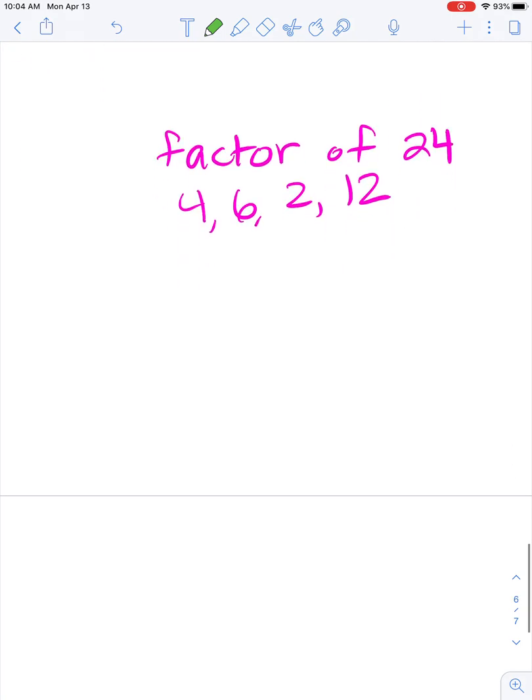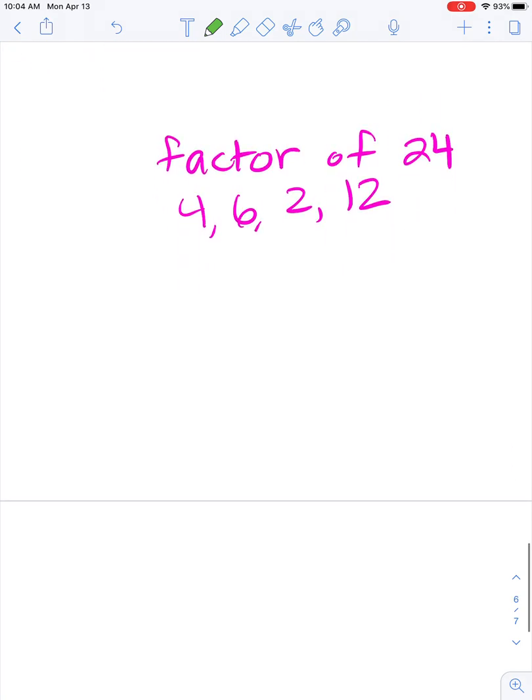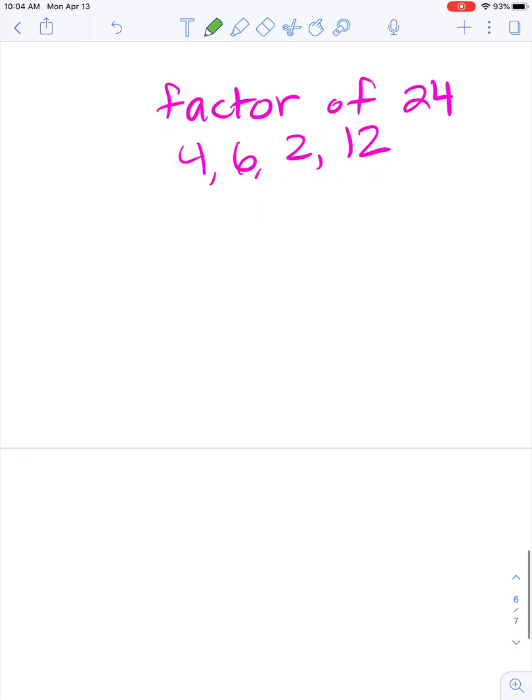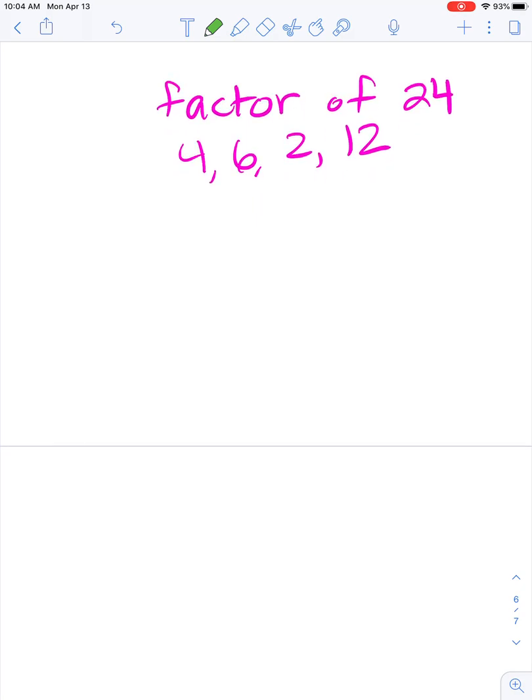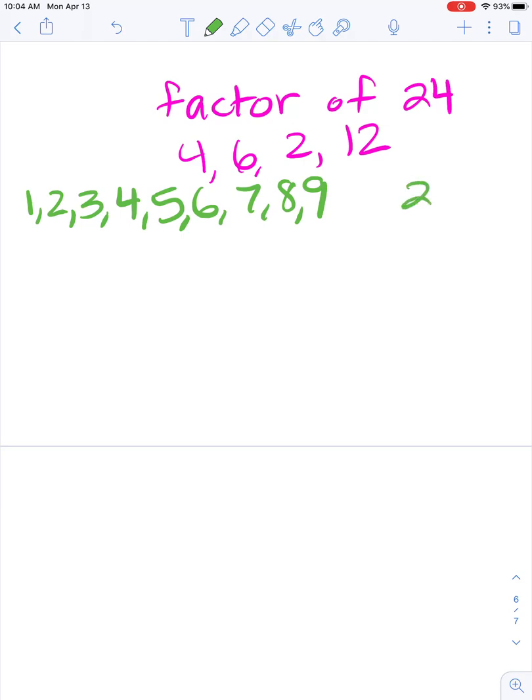Looking at my next problem, factor of 24, let's do the same thing. Let's put all through 9. Okay, so I know 1 times 24 will go in.